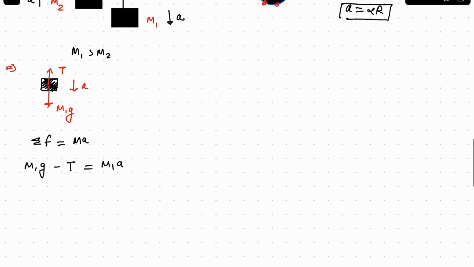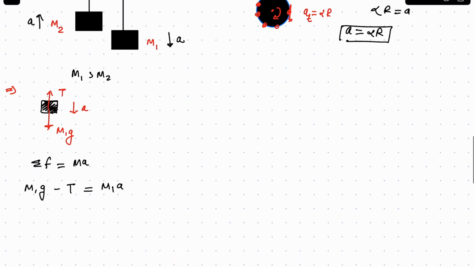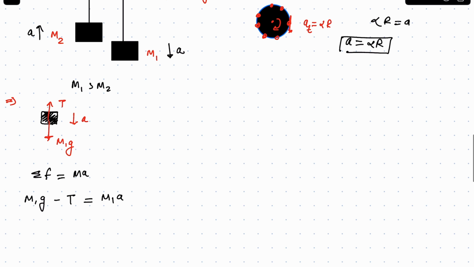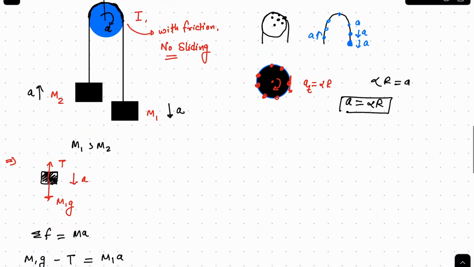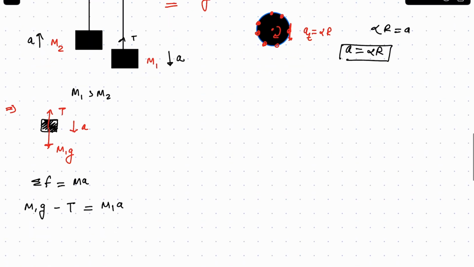The same way we go to m2. Here the problem would be something a bit different, because the tension here will be something different. That was not the case in our Newton's laws. So let me make a difference. Here the tension is T1 and this is tension T2. I will come to the point of why this tension is different.